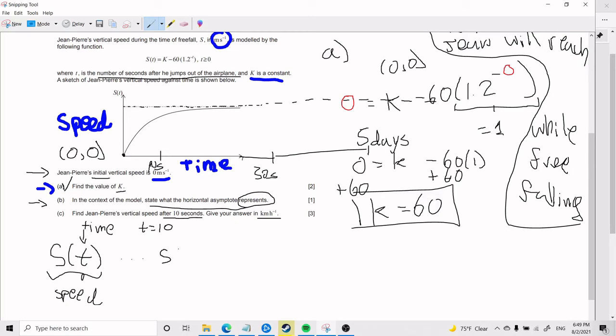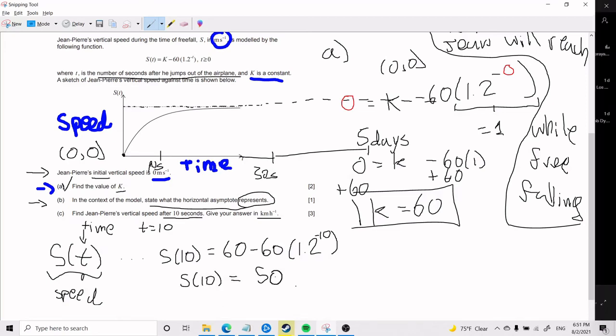We end up with s of 10 equals k, and we know that k is 60, so we have 60 minus 60 times 1.2 to the power of negative 10, parentheses close, right? And so we go ahead and plug this into the calculator, and we end up with 50.30966.